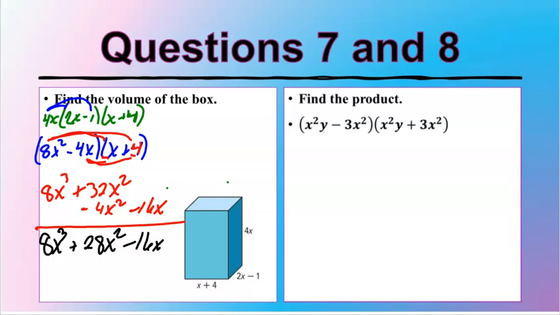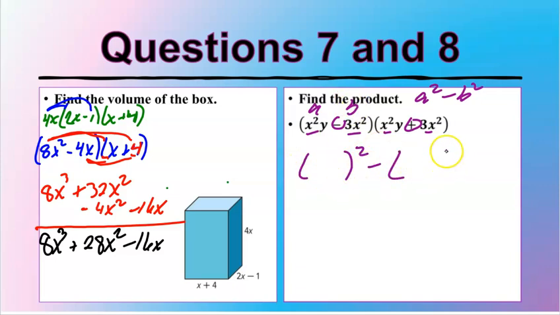Next, find the product here. If you look at our terms, the terms are the same. We just have opposite signs, which means this is a difference of two squares. And a difference of two squares is a special product, and we can take a squared minus b squared. And our a is here and our b is here. So I plug those into our formula.